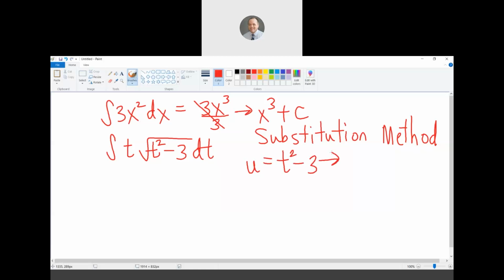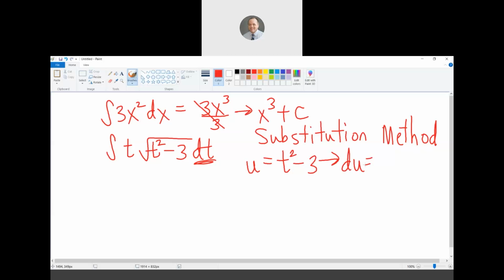So we'll let u equal t squared minus 3. The dt means that eventually somewhere you took a derivative. So that's what we got to do here in our u substitution. Take the derivative of both sides. So the derivative of u is just du.